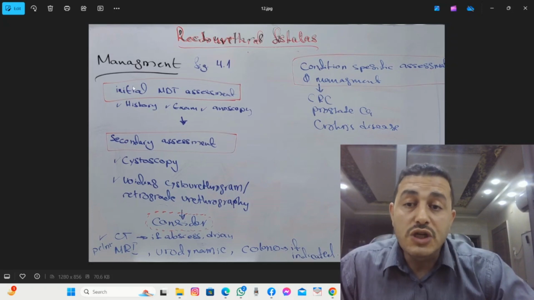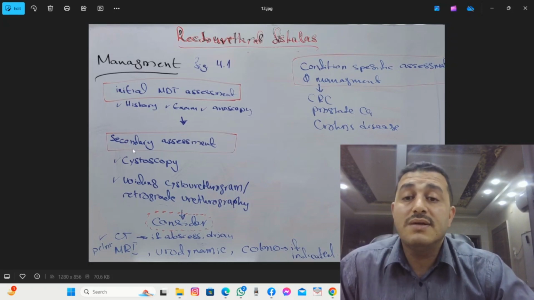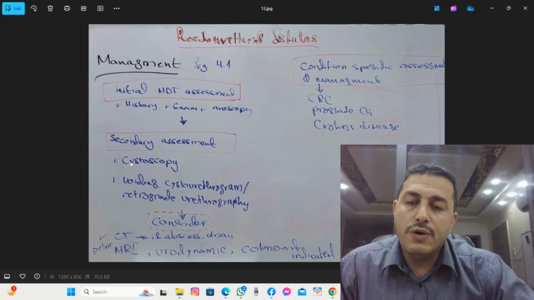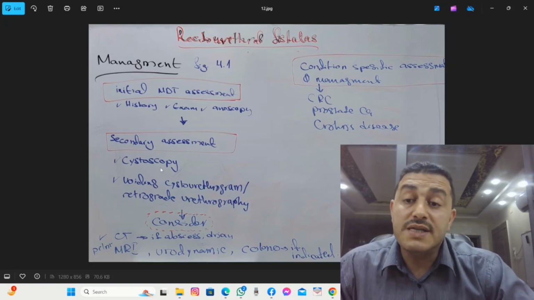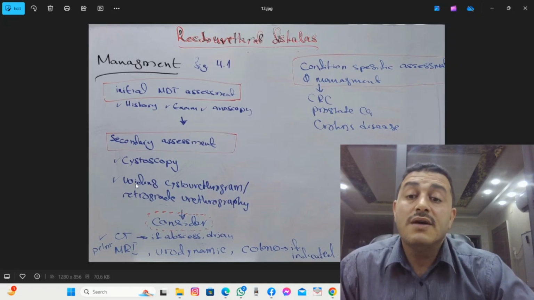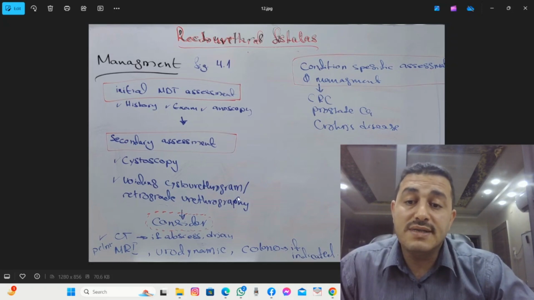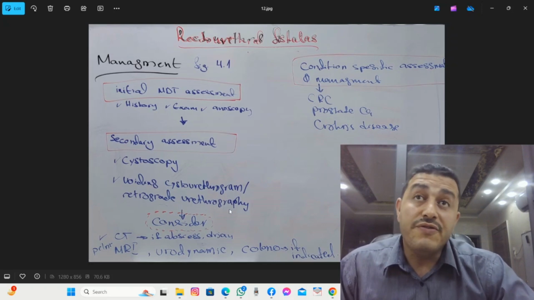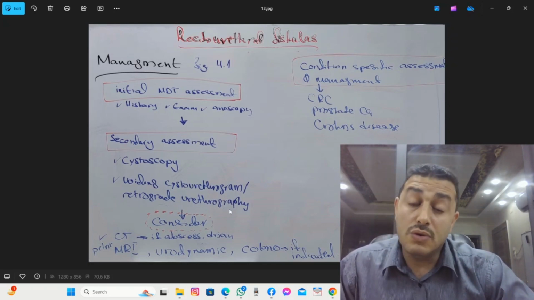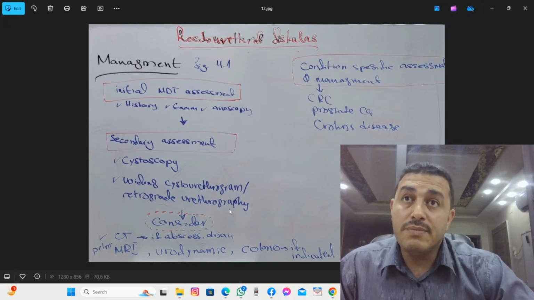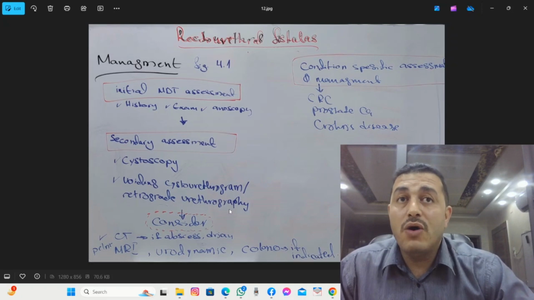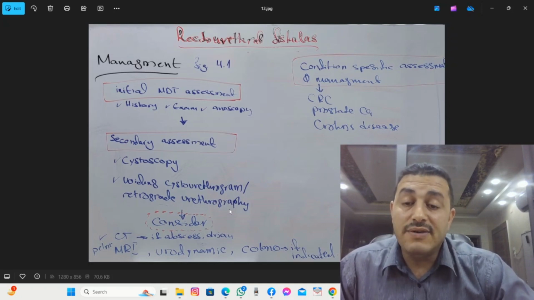They divided it into initial assessment and secondary assessment. Cystoscopy is part of the secondary assessment. Voiding cystourethrogram and retrograde urethrogram are not mandatory, but they can add information when we have equivocal exams or not enough information.